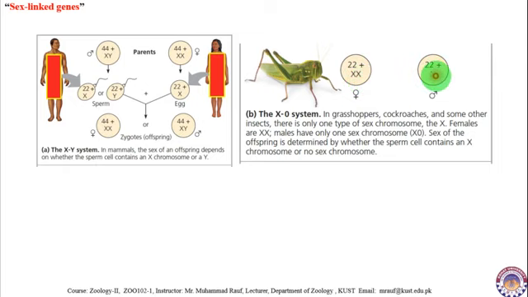It depends on whether an X-carrying sperm fertilizes the X-carrying egg or a sperm with no sex chromosome fertilizes the egg. If a sperm with no sex chromosome fertilizes the egg, then obviously the zygote will have a single X chromosome and it will be a male. But if the X-carrying sperm fertilizes the X-carrying egg, then it will be an XX female.